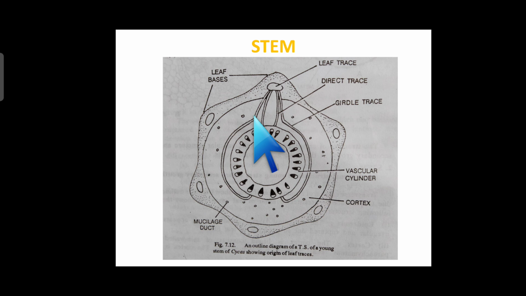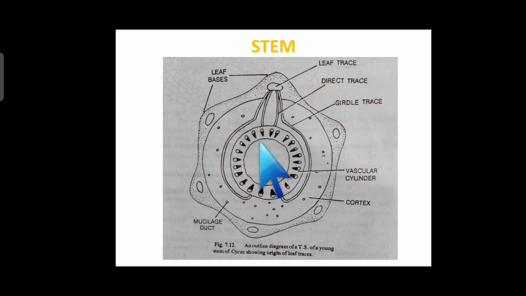And all these vascular bundles here, in between the vascular bundles, these spaces here, they are separated from each other. Alright, so in these spaces here, the medullary rays developed.